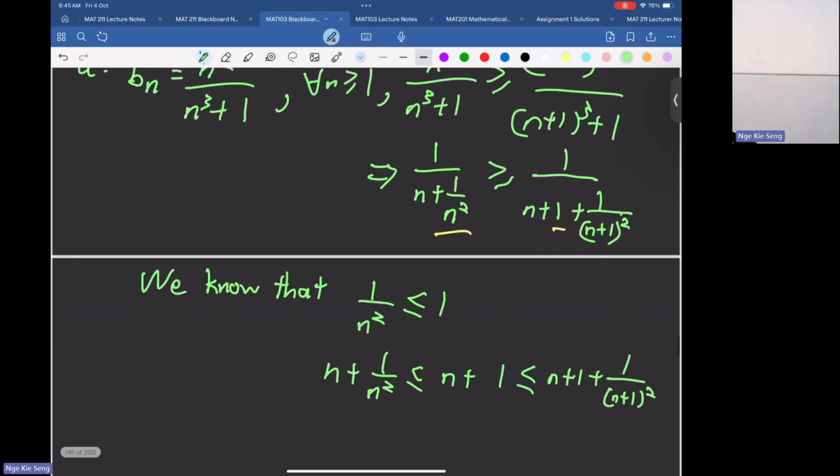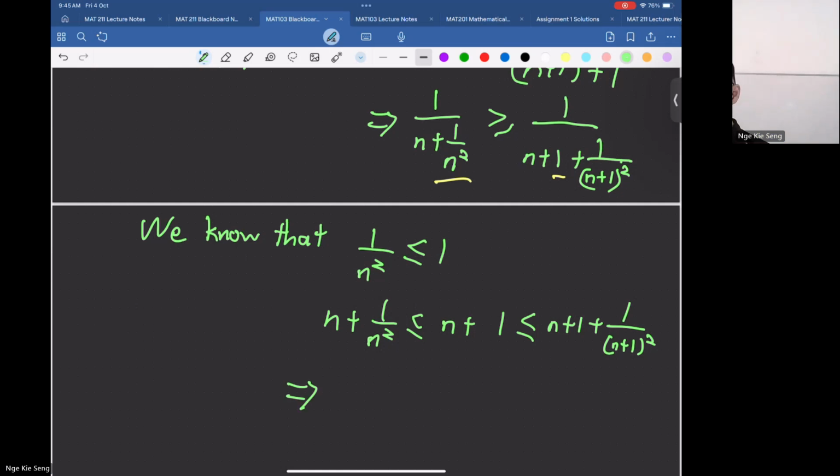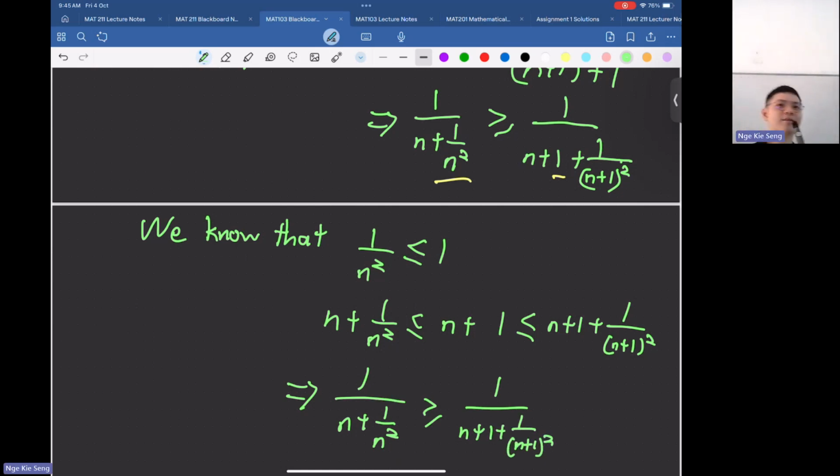Okay, and then you can invert them. I think quite good. So we get what we want, right? Okay. Good. I think this solution is quite clean.